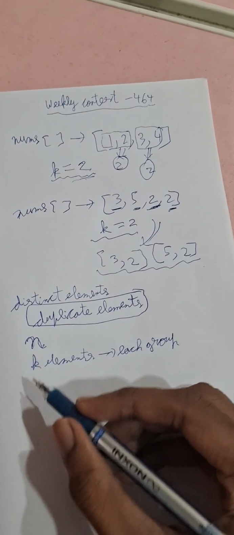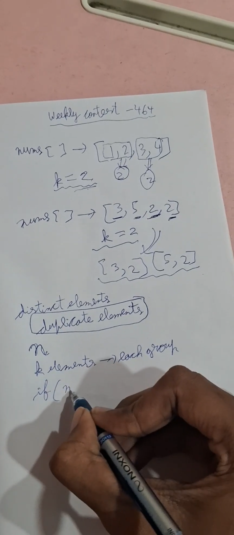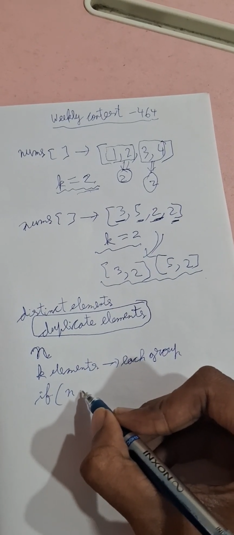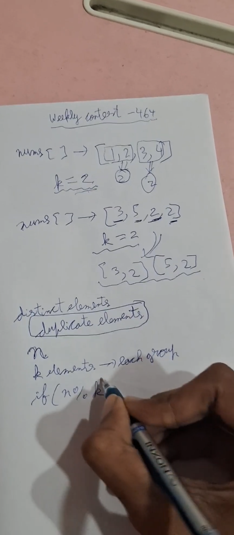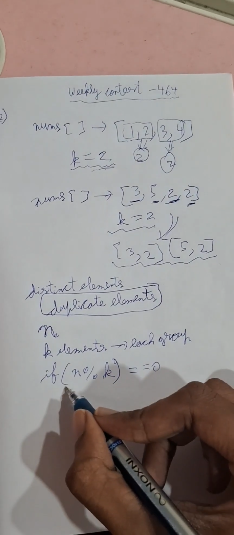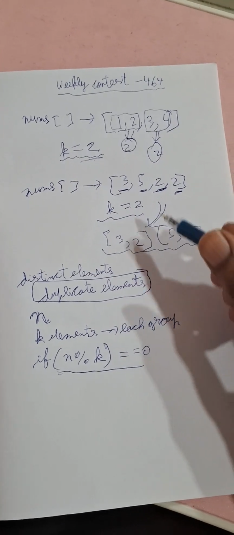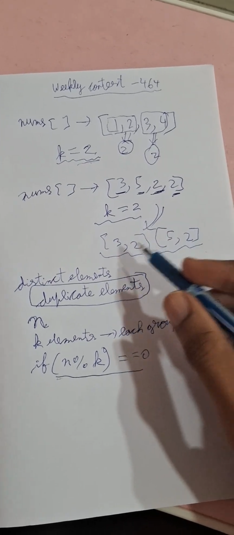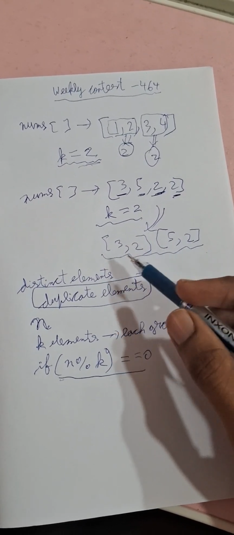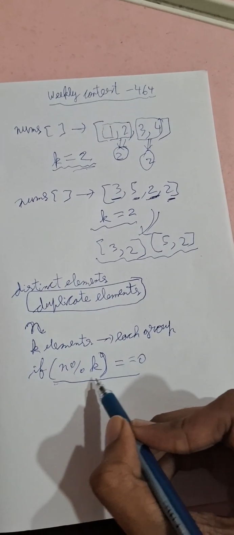So the first thing that you observe is, if n is divisible by k, only then you can perform this task. You can divide them into groups and then ensure that there are k distinct elements. So all these tasks can be performed only if you have n % k equal to 0.